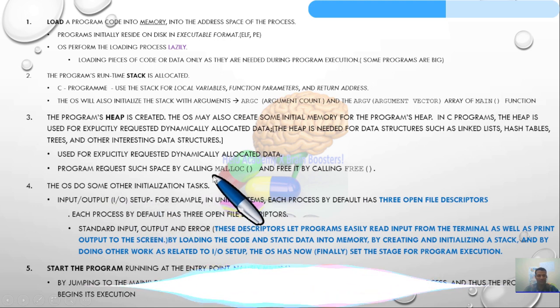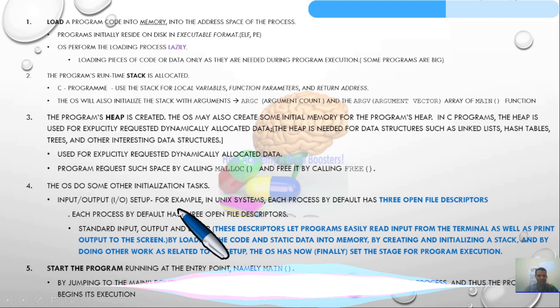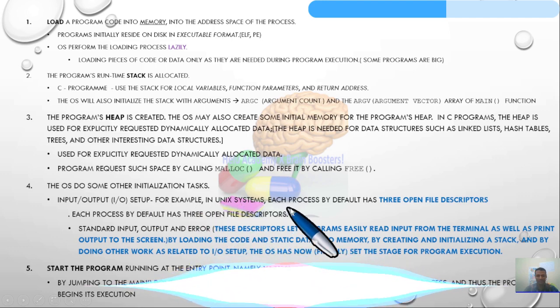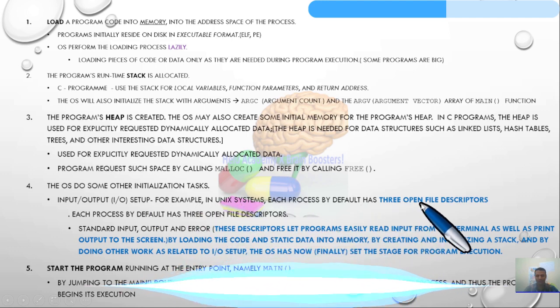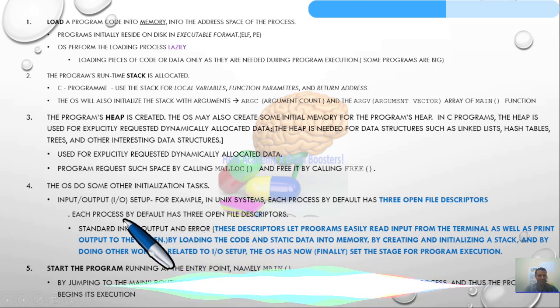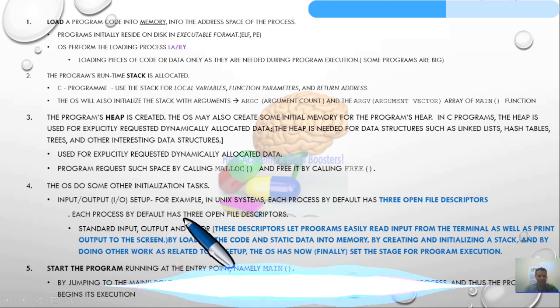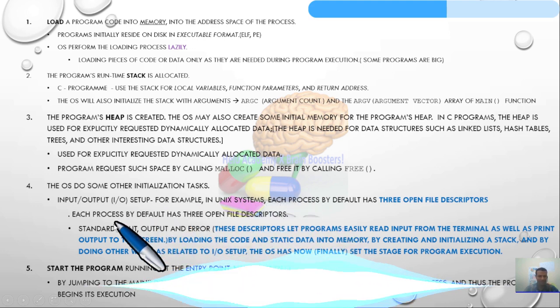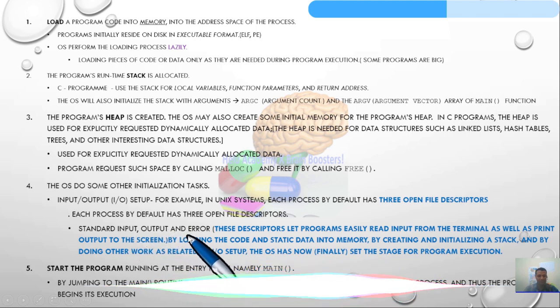The operating system does some other initialization tasks, for example input/output setup. For example, in a Linux system, each process by default has three open file descriptors: standard input, output, and error. We have seen this now, and I'll show you also.